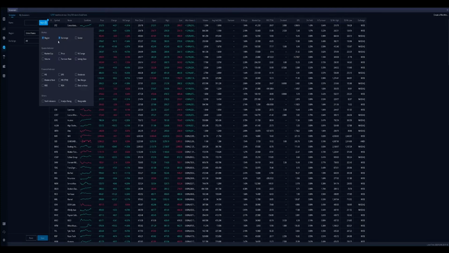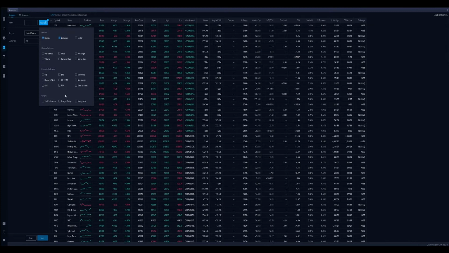As we can see, we have region, exchange, sector, market cap, price, change, volume, turnover rate, listing date, P/E, EPS, dividends, dividend yields, P/E TTM, net margin, ROE, ROA, debt to asset, tech indicators, analysis rating, and marginable.